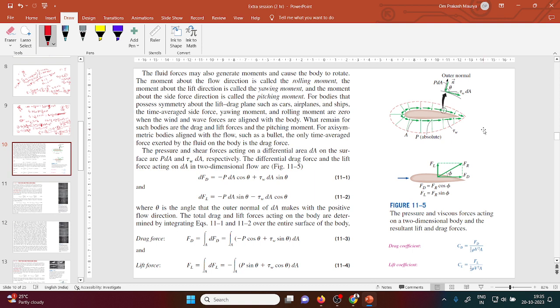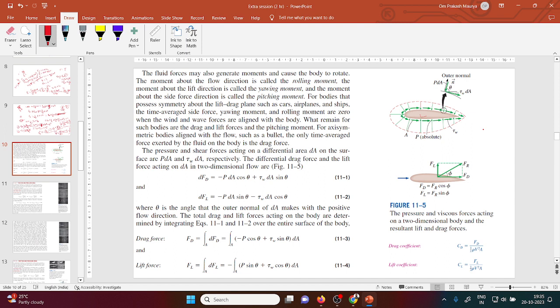Basically, drag and lift means, this is the body, and a force is acting on the body. Let's suppose air or water is flowing.